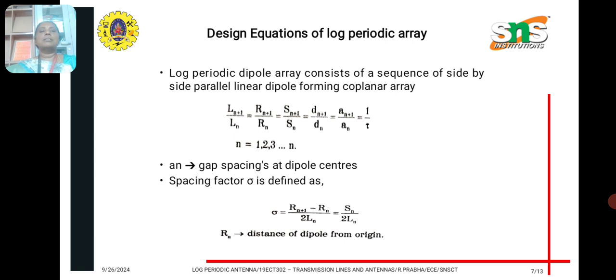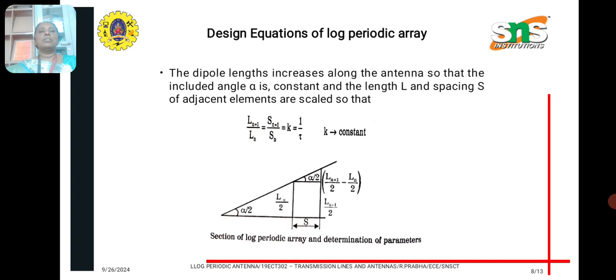The spacing factor is called sigma, and this sigma is (R(n+1) minus Rn) by 2Ln, which is equal to Sn by 2Ln. Here Rn is the distance of the dipole from the origin.